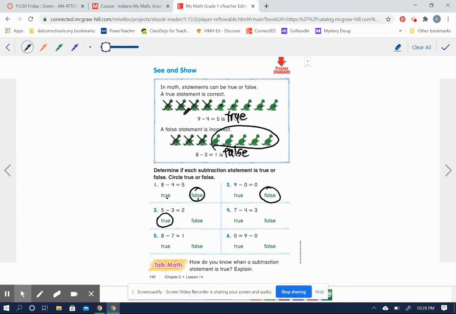All right, and so number 4, 7 minus 4 equals 3. Okay, do you think that's true or false? Well, is 3 plus 4 equal to 7? It is.